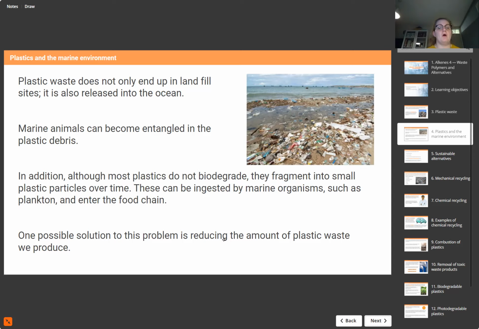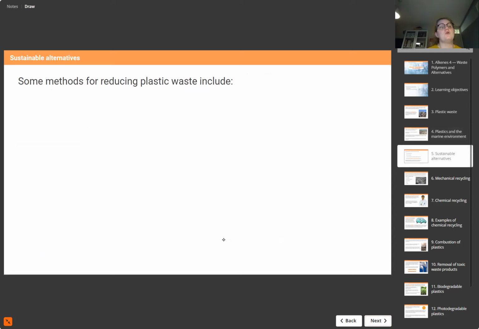One possible solution to this problem is reducing the amount of plastic waste we produce, but we could also have some sustainable alternatives. Some methods that we can use for reducing plastic waste include mechanical recycling, and we're going to look at what the differences are in a bit.